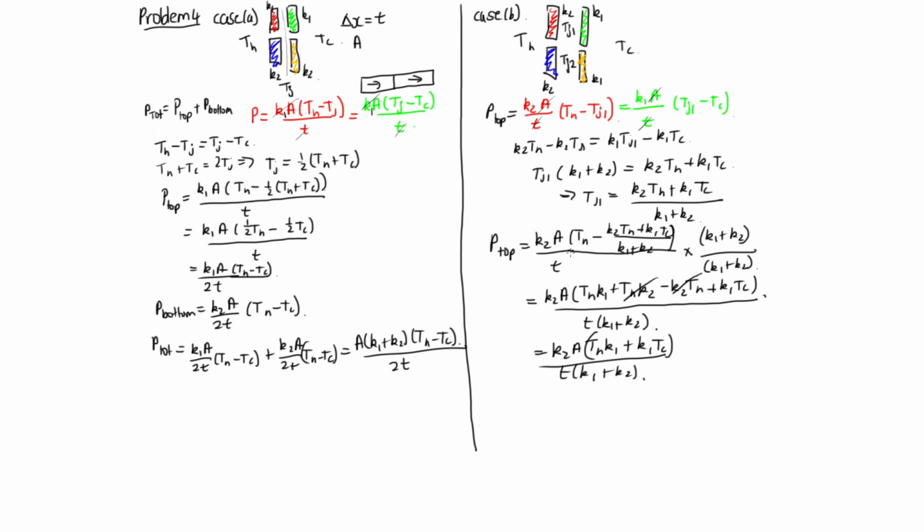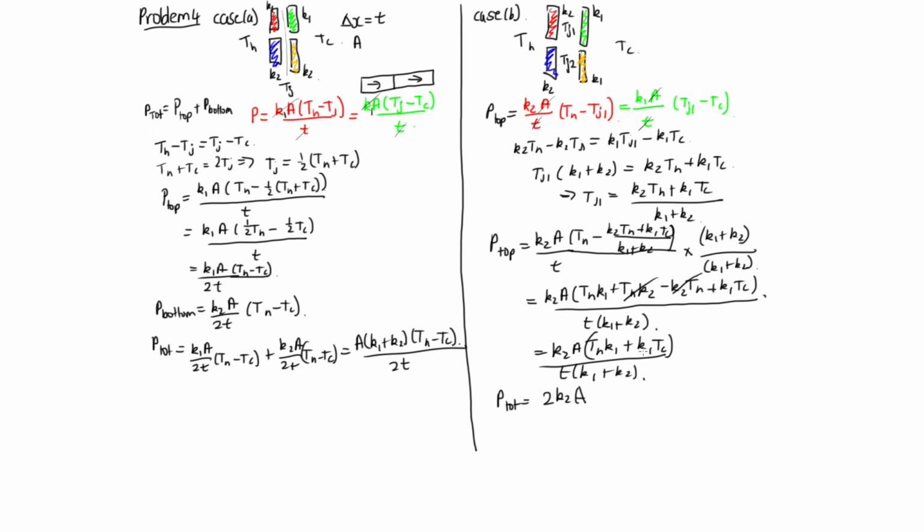Now, we can just argue that the order of these two things shouldn't matter. It'll lead to a different junction temperature, but we've essentially got the same materials, just in opposite orders. And so the heat flow through the bottom is going to be the same as the heat flow through the top. And so the total heat flow is equal to 2K2A.